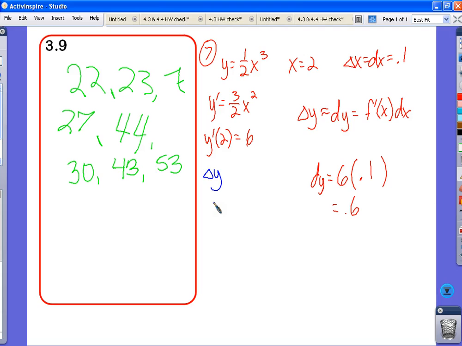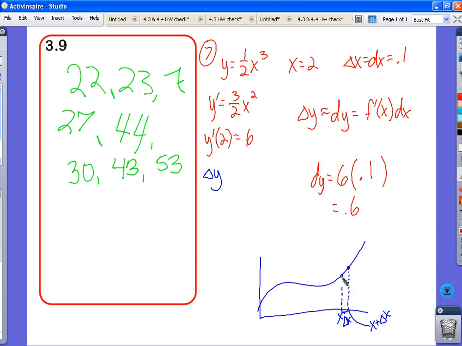Let's look at a picture of that. This is just the base, a general function, not this function. If I want to know the change in y between these two points, well, this is x, and this would be the other x value, which is delta x away from this x. So this would be whatever x is plus that change in x.